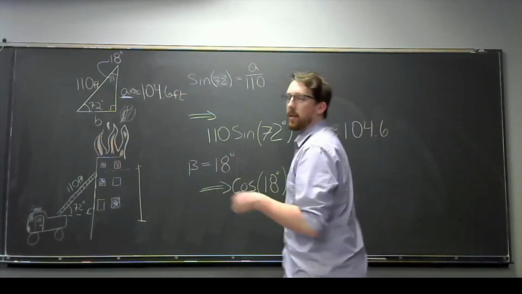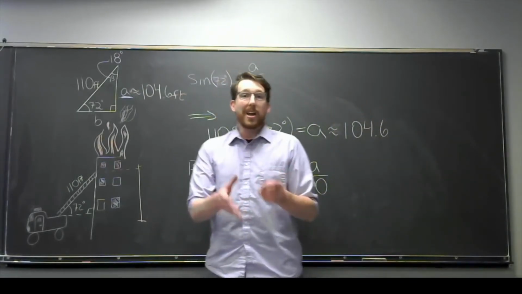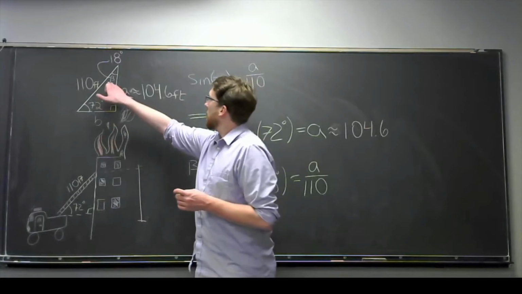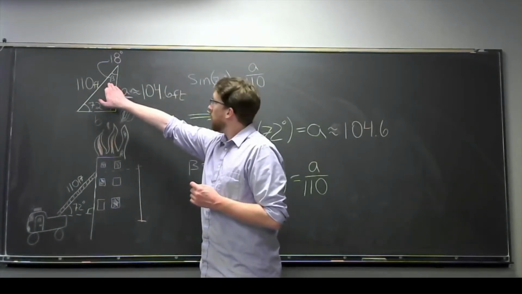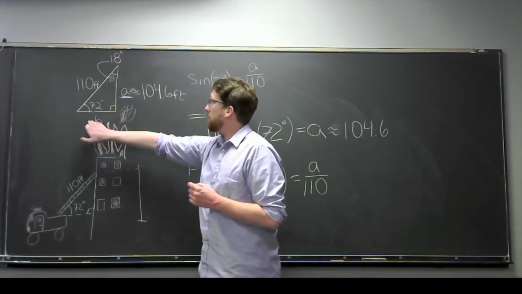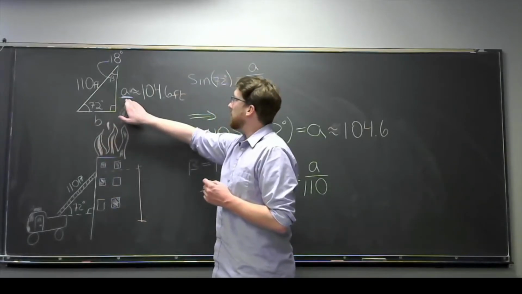Now, why is that? Well, the reason is that when we're talking about beta, the opposite side is B, and the adjacent side is A.